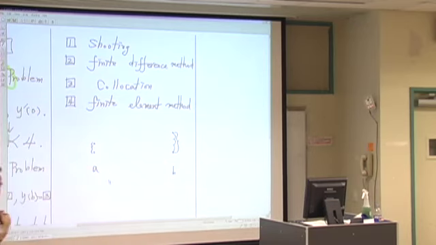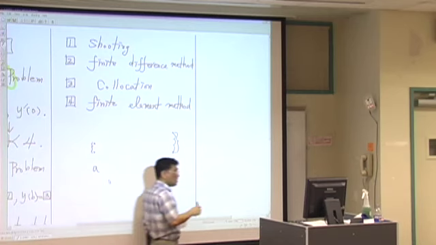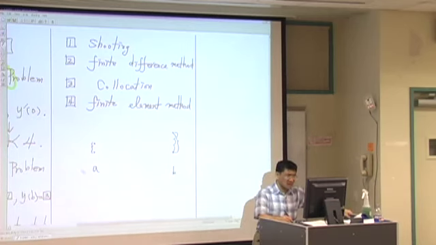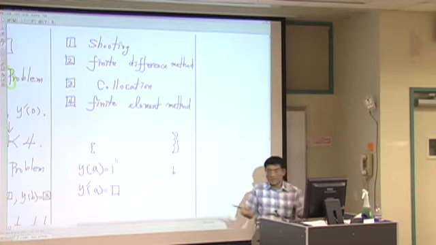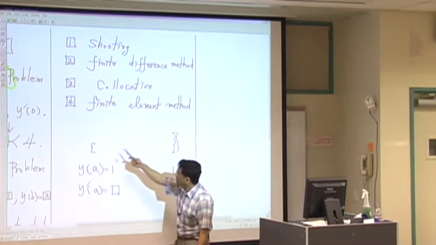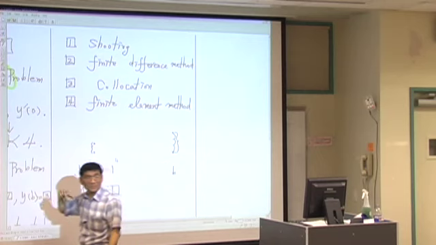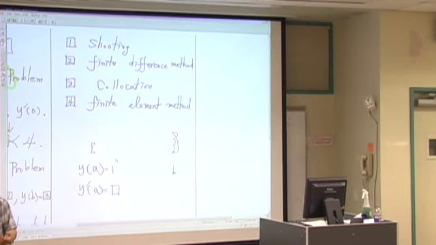Then shooting method is this one. Assume that we have an initial value problem, say y of A is known, and then y prime of A is also known. Then it's not a boundary problem anymore. It becomes an initial value problem that we can easily handle. Do you follow me? So this is the idea.